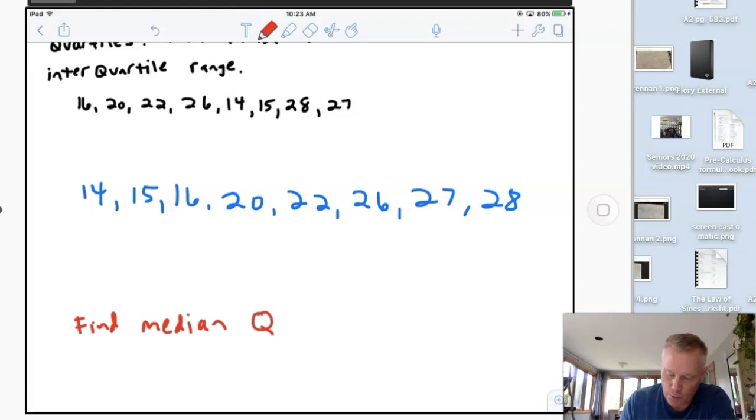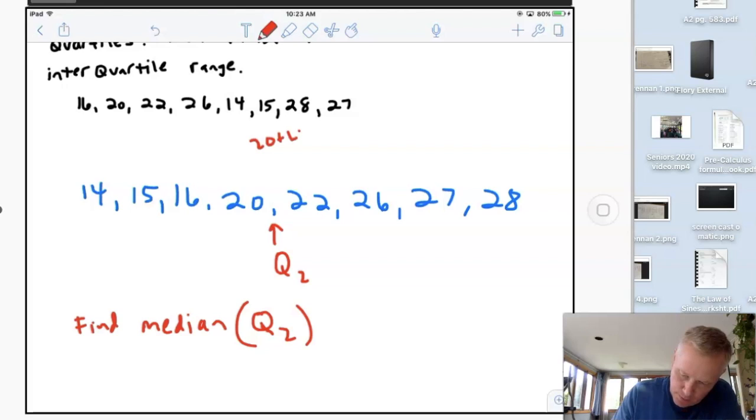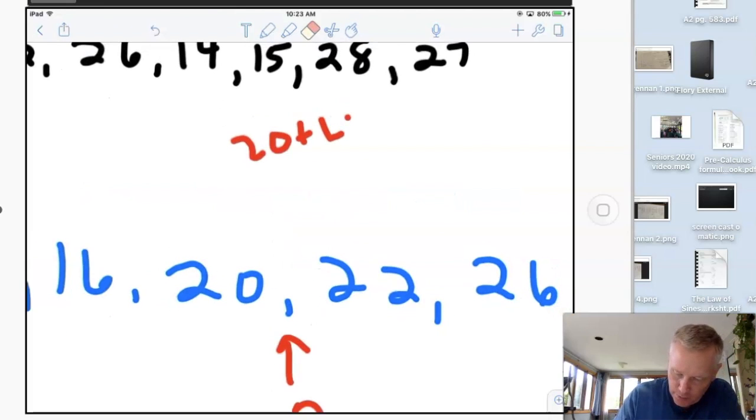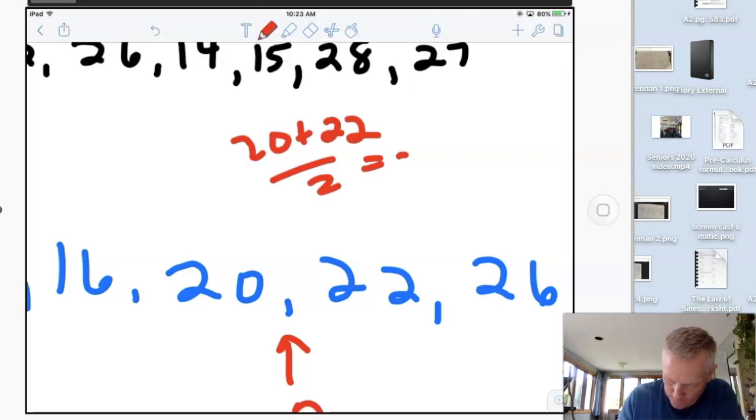This will be called Q2 for quartile 2. All right, so this is the median right here, which would be, if I average those together, 20 plus 22, and average them is 21.